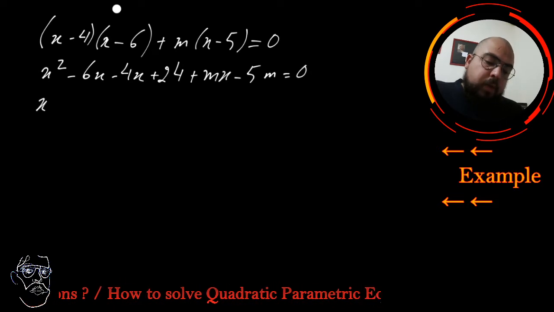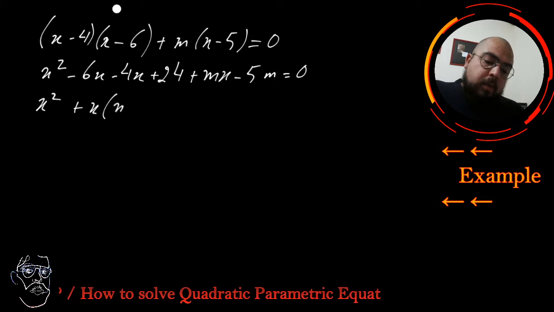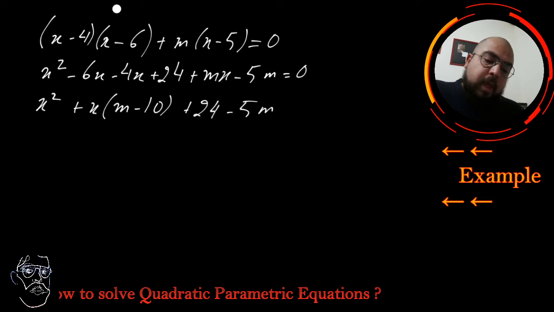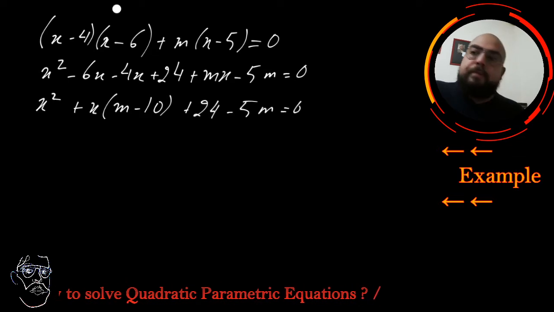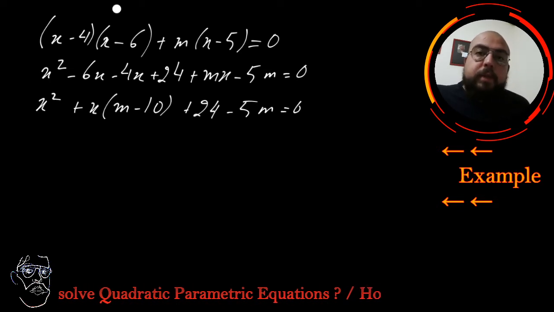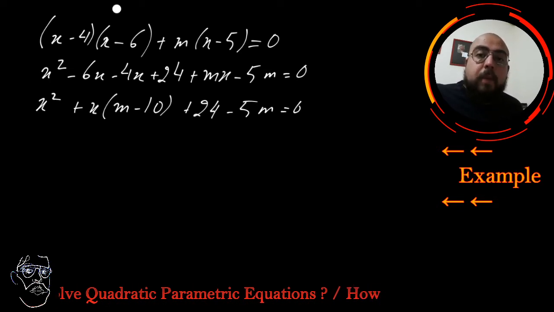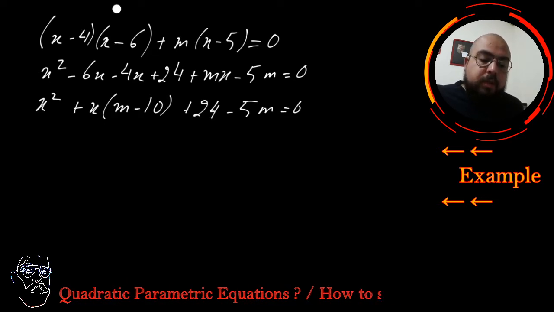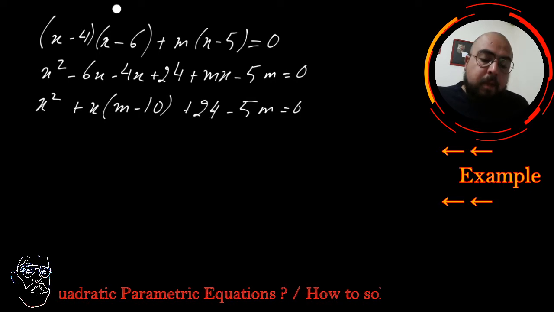I will have to arrange it: x squared plus (m minus 10)x plus 24 minus 5m. Again, this equation is quadratic no matter what the value of m, because my coefficient a is 1, so it does not depend on the parameter m.